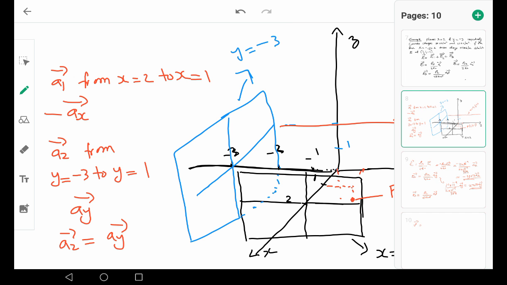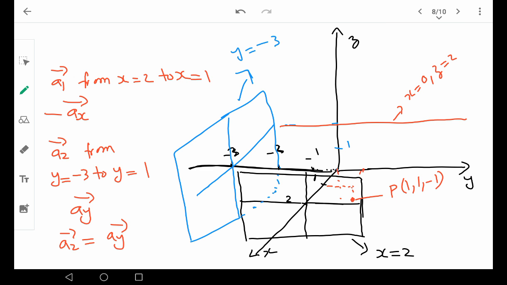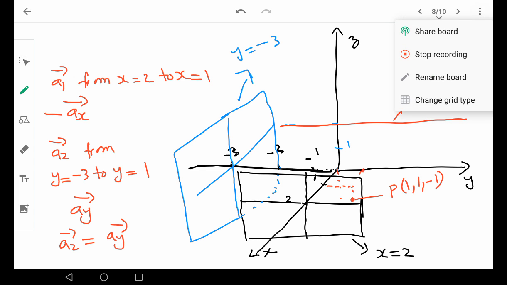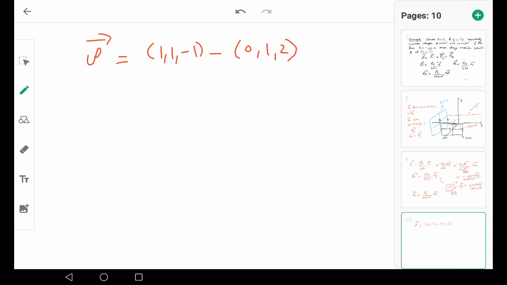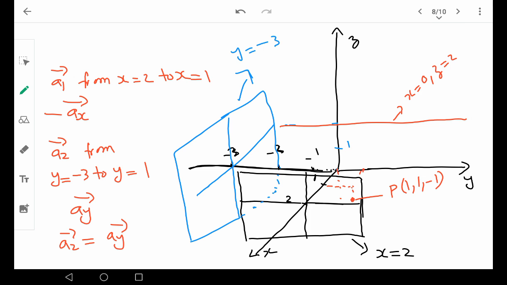What I said is on the line x equal to 0, z equal to 2, you take the point where y equal to 1, because that point P also is having y equal to 1. So you have the point 0, 1, 2. So we have 1, 1, minus 1 minus 0, 1, 2, right.